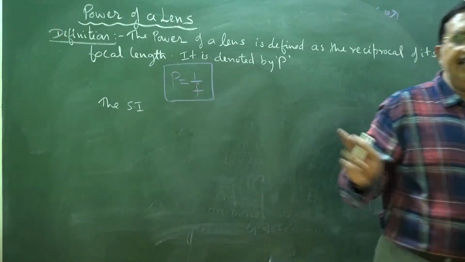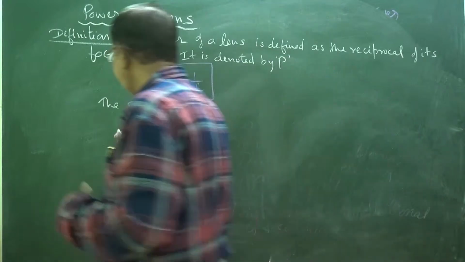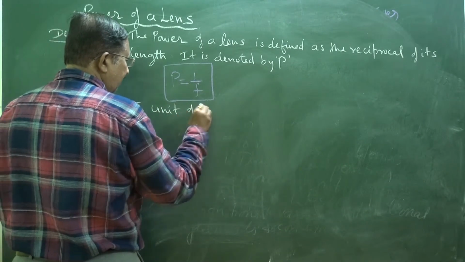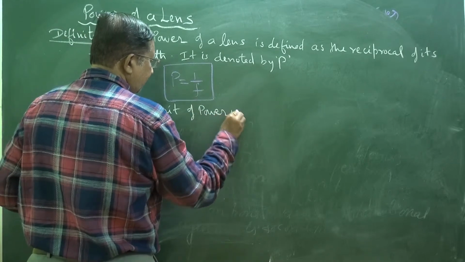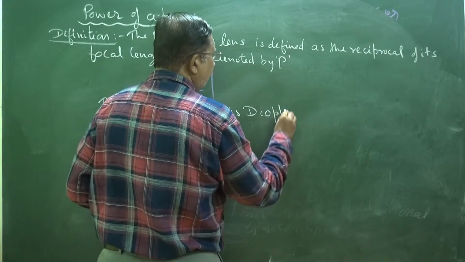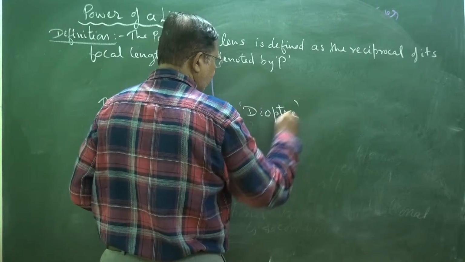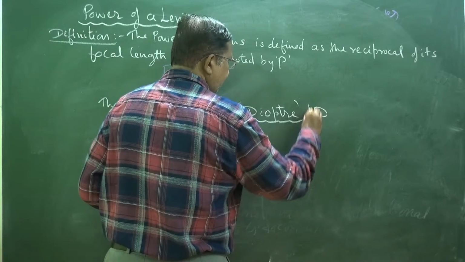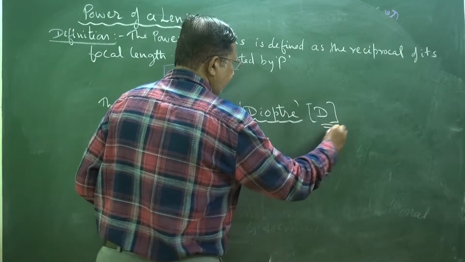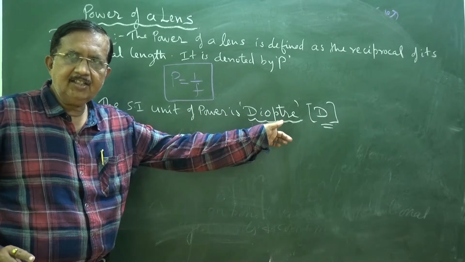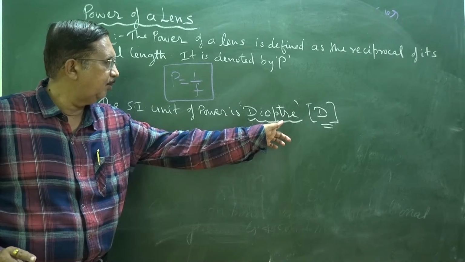The SI unit of power is diopter. D is the symbol.